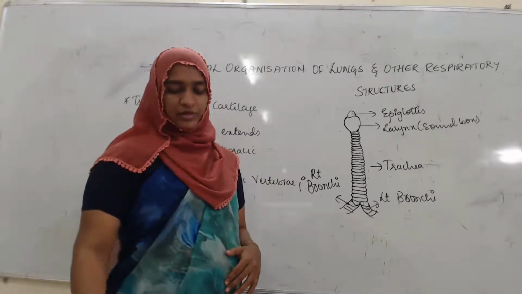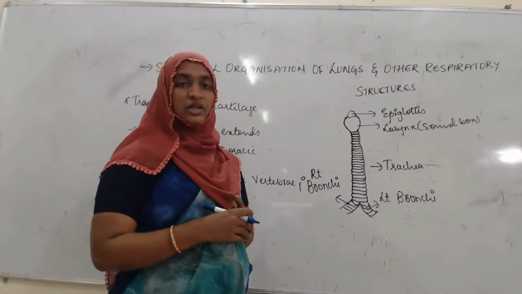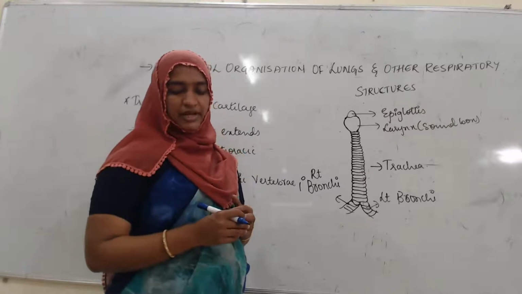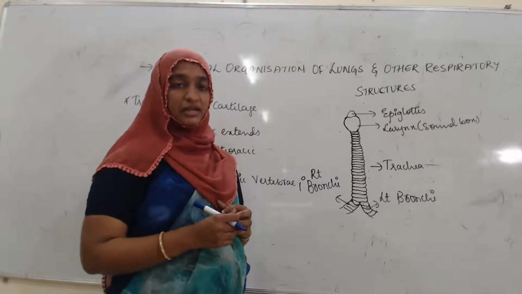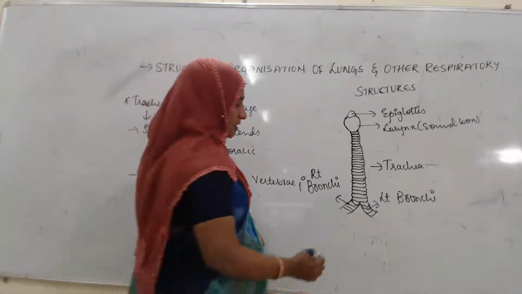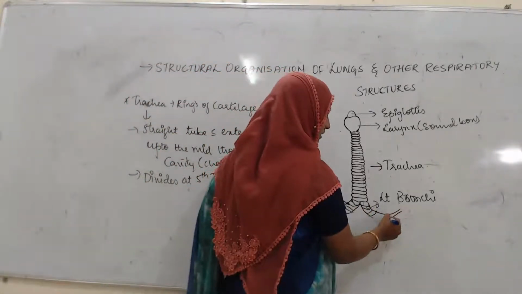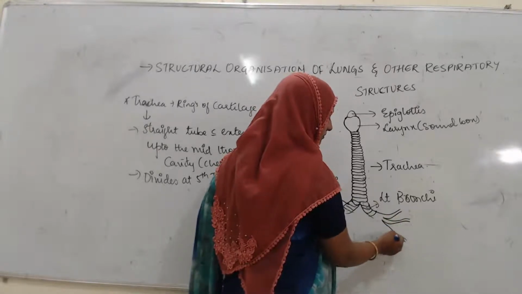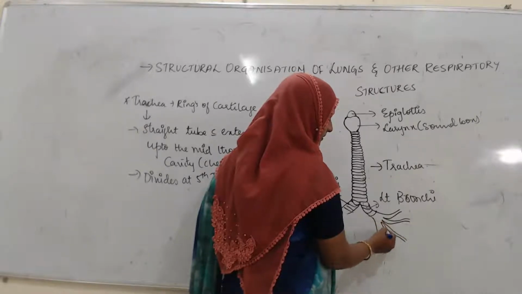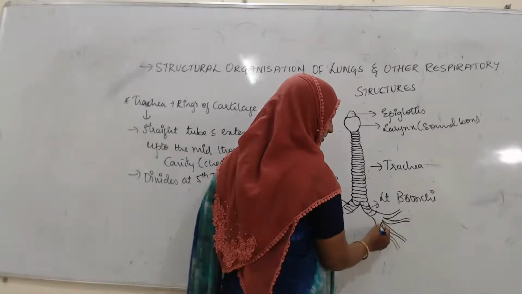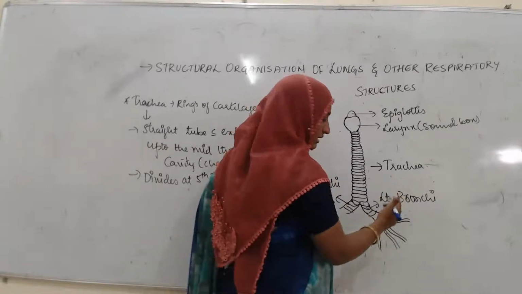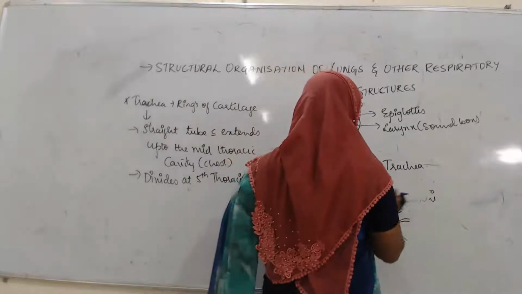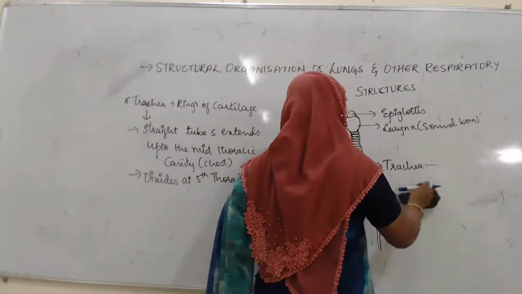The next part: each bronchus undergoes repeated division to form the secondary and tertiary bronchi. How? This will undergo division. So this first is the secondary division. Then again it will undergo further division, which we can call the tertiary bronchi.